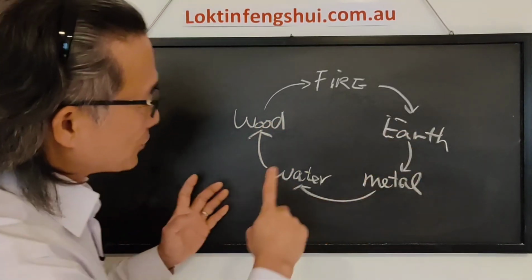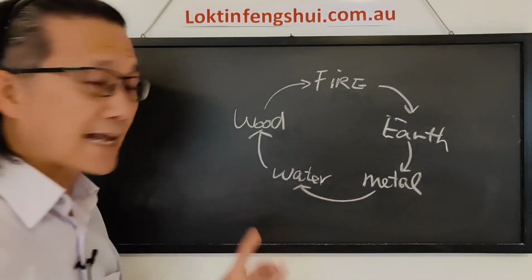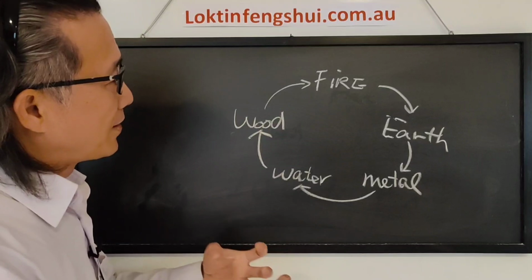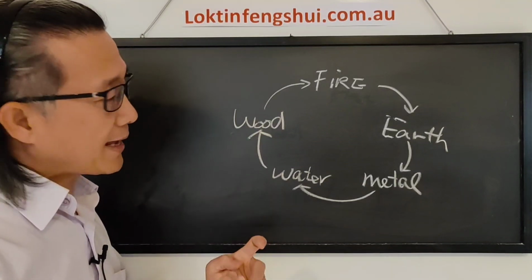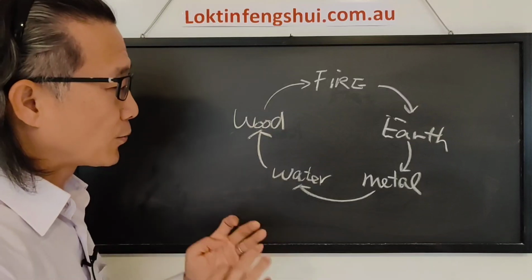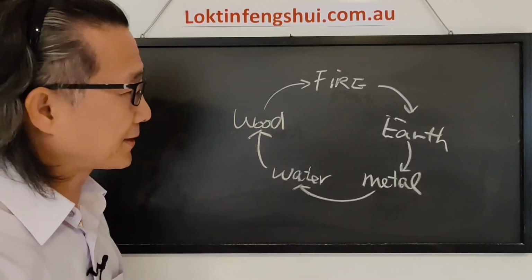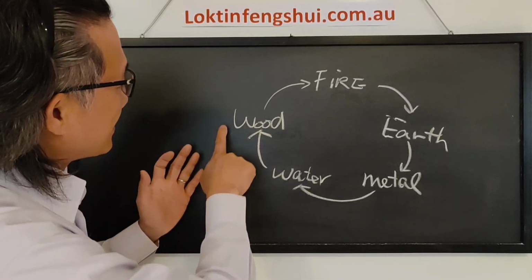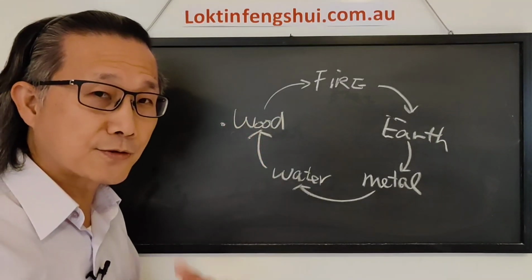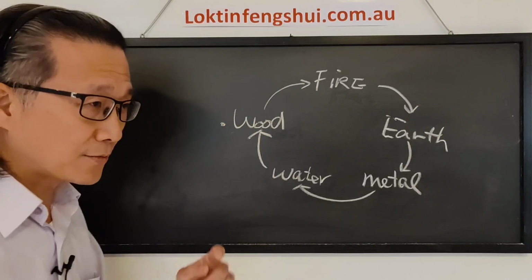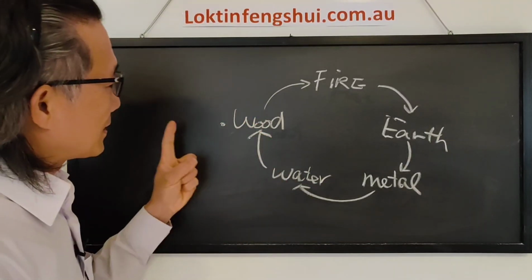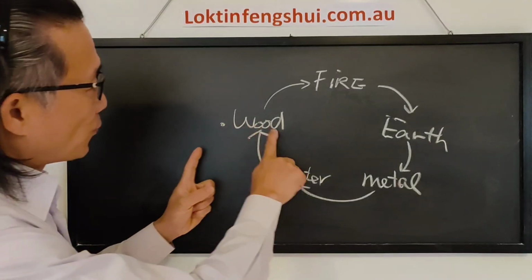Then between each of these elements there's an interaction. It really depends on the point where you are standing. Remember, we talked about Feng Shui and the Tai Chi, which is that particular point we want to look at. So in this case, let's look at wood.